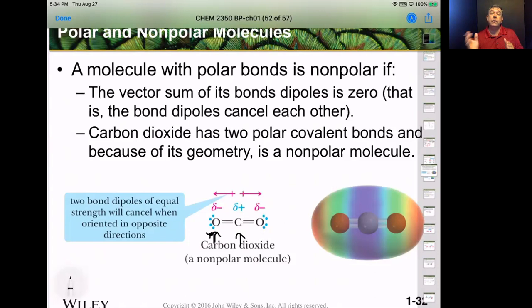It's closer to fluorine on the periodic table, which means it's gonna pull some of that electron density away from the carbon and give more electron density to the oxygen. So if we only had the carbon and the oxygen, we would have a polar molecule.